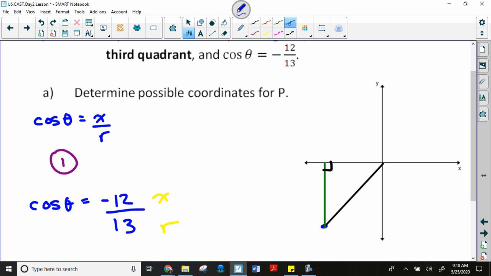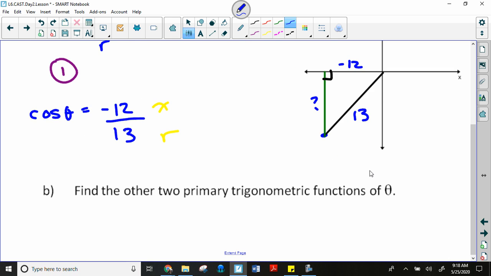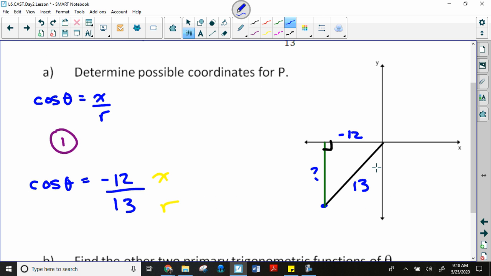Cos is x. This is the x, negative 12, over the radius. We have to find what the y value is, because we don't know it, and we need it to answer the question about possible coordinates. Using x squared plus y squared equals r squared, isolate for y squared by subtracting x squared from both sides, then take the square root.